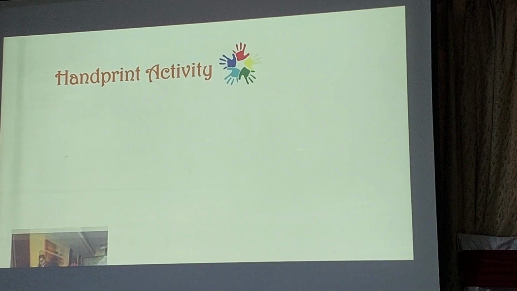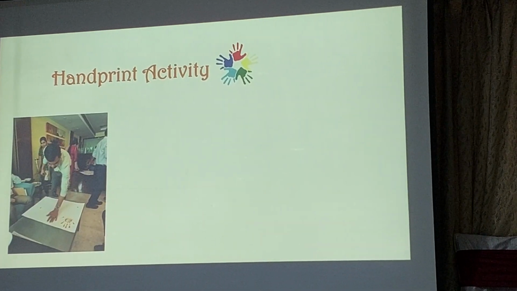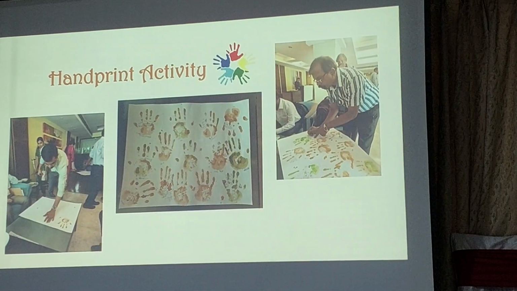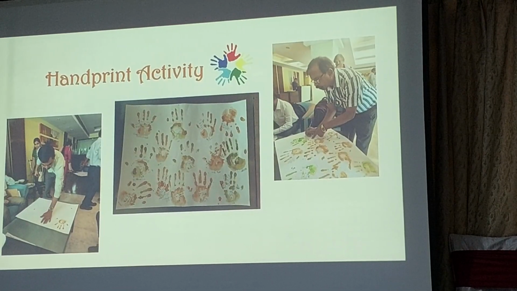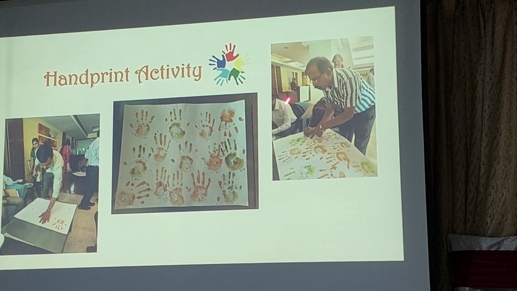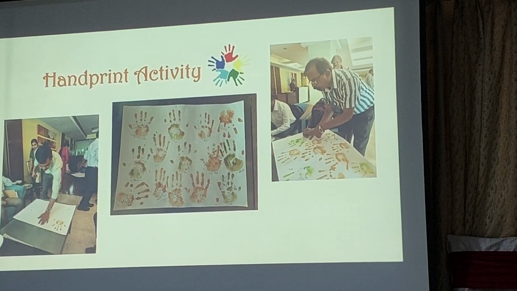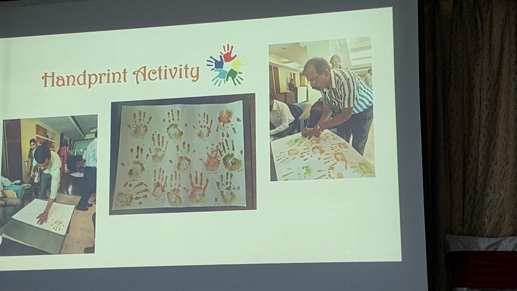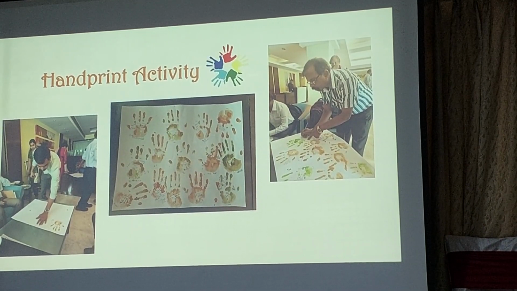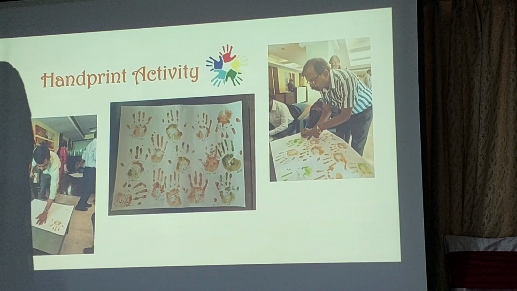You can see some photos here. They put the handprint and write their one pledge, and this is how it is given. The colors used are food colors, so don't worry, it is not chemical based. Nothing will happen to your hand.